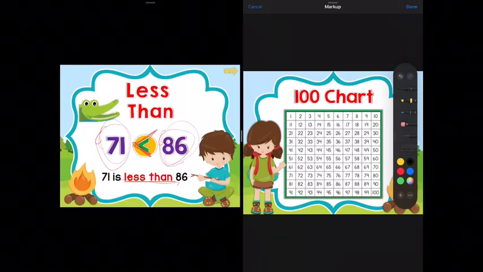Good job, guys. Now that we did a lot of practice of using the symbols, I want to explain the homework real quick. So the homework is posted in Google Classroom, and whenever you complete it, it needs to be posted in Google Classroom as well. Rewatch this video if you need help.